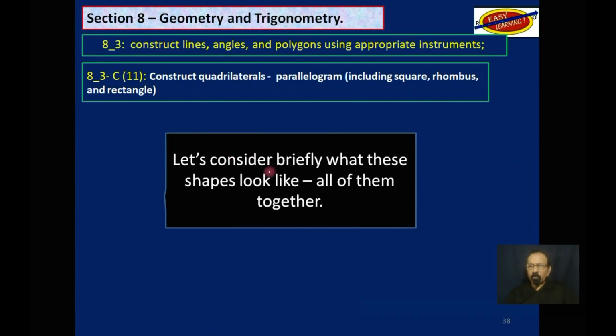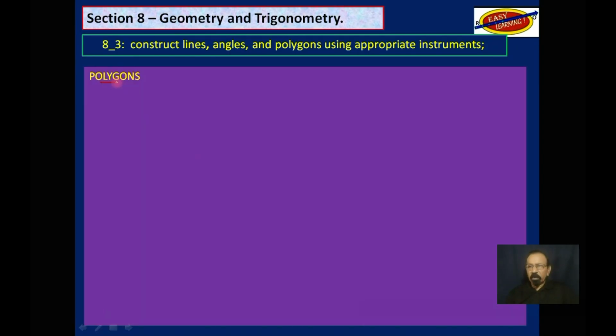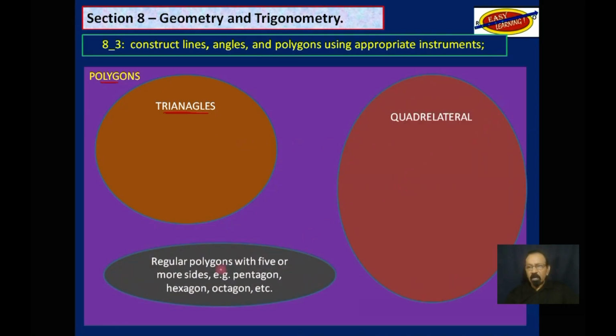Let's consider briefly what these shapes look like, all of them together. If we consider all polygons in this box here, we can set triangles here in that ellipse. We can set quadrilaterals in this ellipse, and the other regular polygons with 5 or more sides in that ellipse.